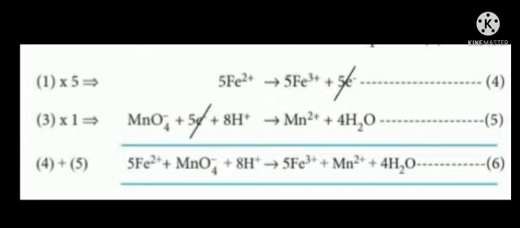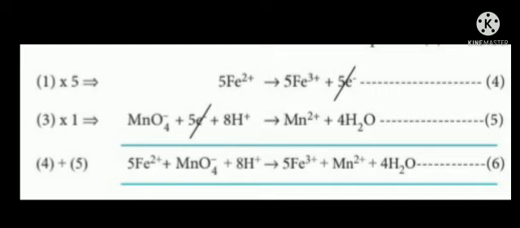In equation 3, there are 5 electrons, but in equation 1, there is 1 electron. Therefore, equation 1 is multiplied by 5. Hence, the equation becomes 5 Fe2 plus, which gives 5 Fe3 plus plus 5 electrons. This equation is called equation 4. Equation 1 becomes equation 4.